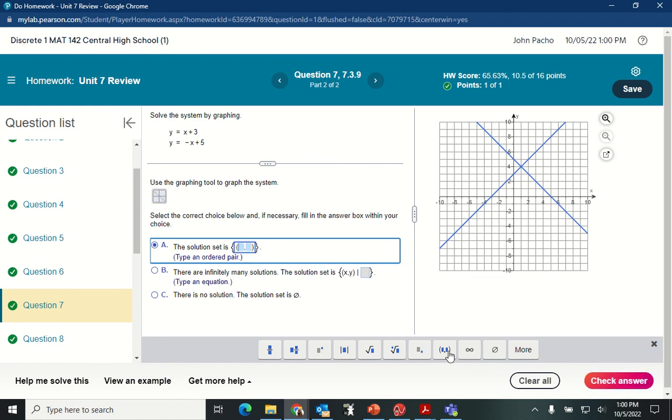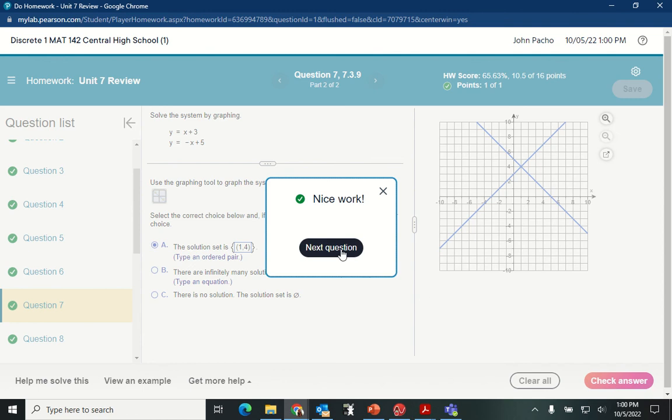Click that, and it opens up little boxes. So my answers are 1, go to the next box, and 4. As soon as you get your pair there, check the answer. Nice work. Let's go.